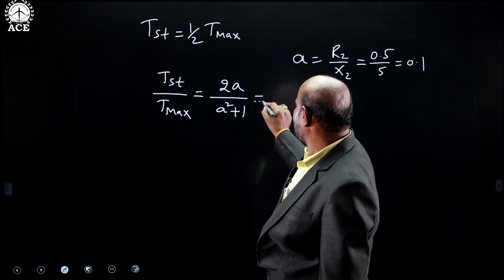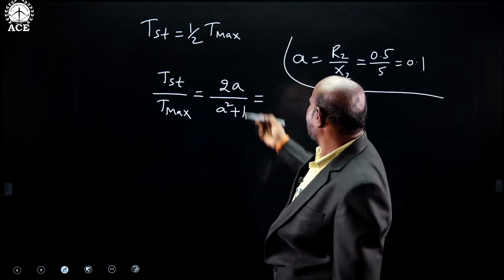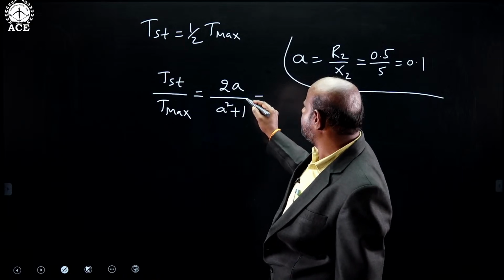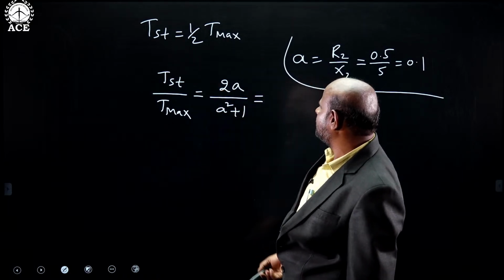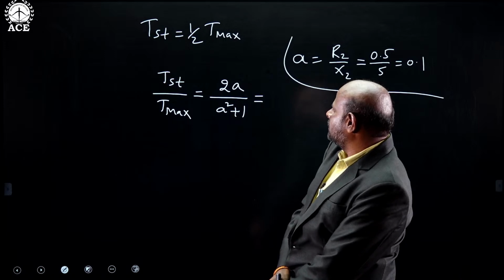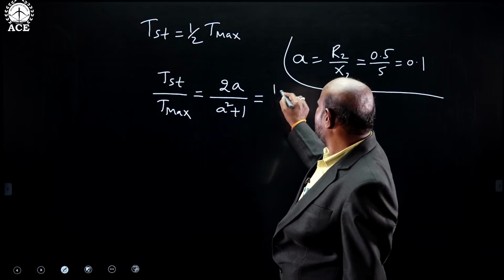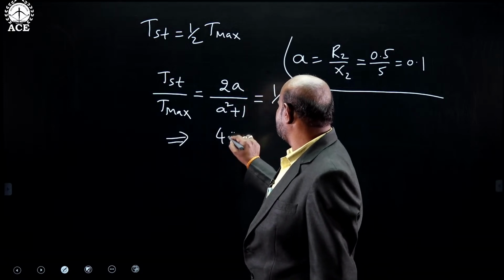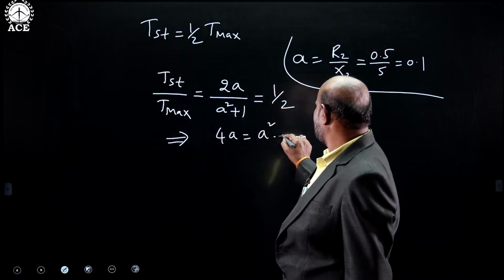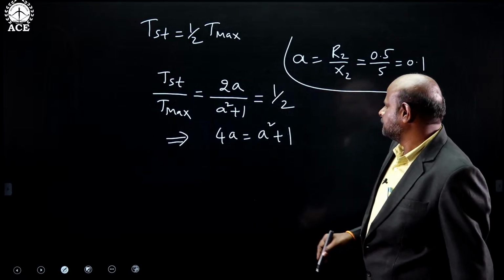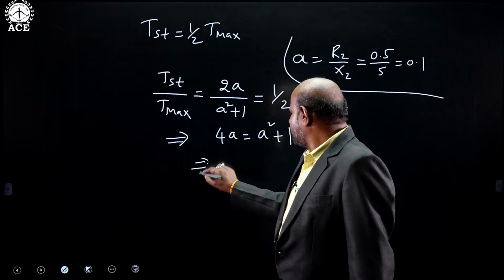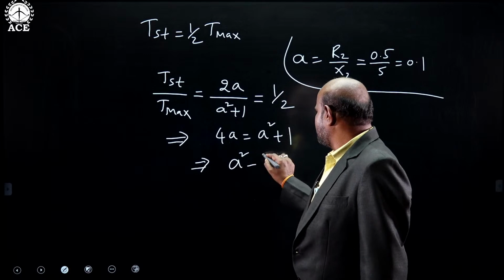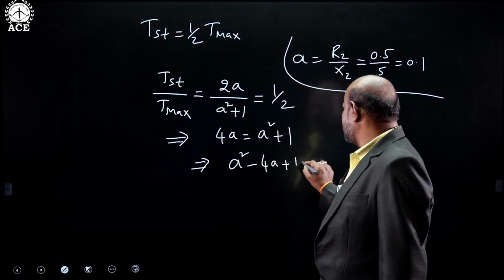But this is given as the ratio of T start to T max is 1 by 2. So cross multiply: 4a is equal to a square plus 1. Simplify, and you get a square minus 4a plus 1 equal to 0.